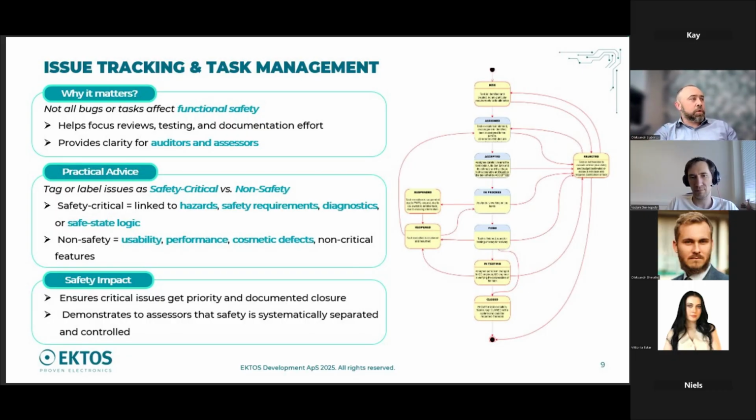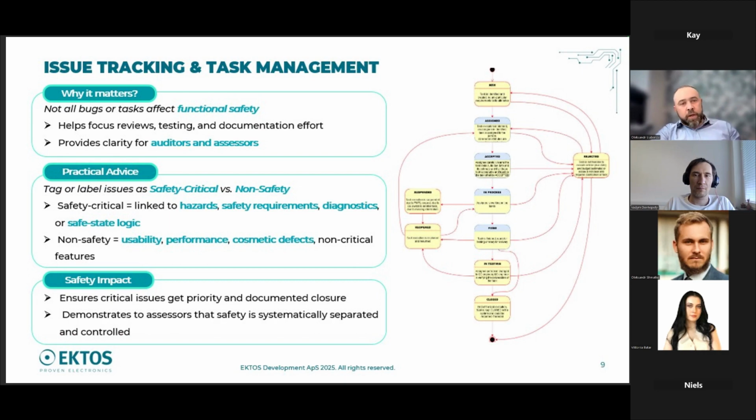So that's very important. Task management and issue tracking helps us to provide very flexible links between tasks and their connection to hazards, safety requirements, diagnostics or safe state logic. So we can connect different activities and tasks to specific domains or parts of the process. It really helps us to group things logically and assign specific people to look over that.